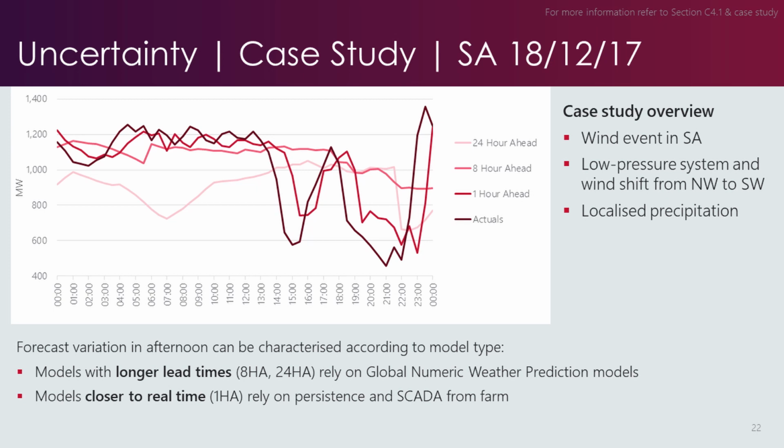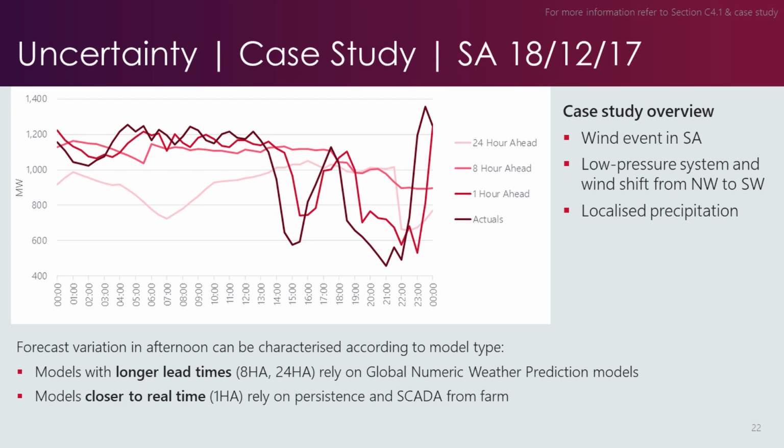Now, let's have a look at the 24-hour and 8 hour ahead forecasts compared to the actuals. The 24-hour and 8 hour forecasts showed minimal prediction of this ramping event in the afternoon. These types of forecasts over longer lead times rely on global numerical weather prediction models, or NWP models for short. Essentially, these models have long lead times in the ingestion of weather observations and also long periods between model reruns.